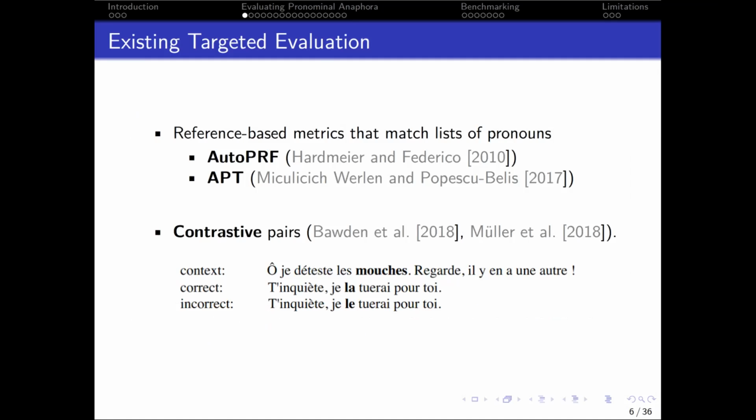There are reference-based metrics where you usually match lists of pronouns. And of course, there have also been contrastive test sets with contrastive pairs, where you're given a context and two options, and you assume that the MT system correctly models context if it assigns a higher probability to the correct sentence given the context. Of course, the problem here is that you cannot actually guarantee that this is the translation that the MT system would produce if it were to translate the source.